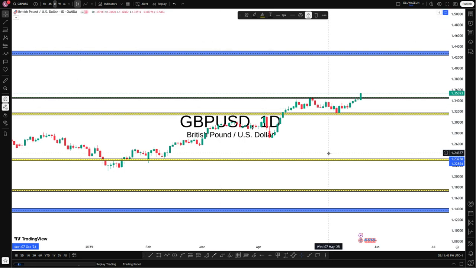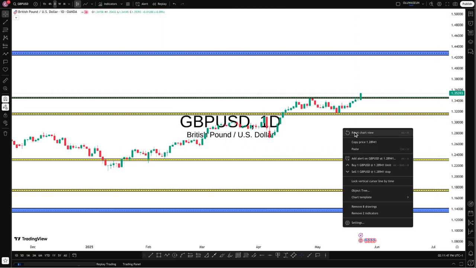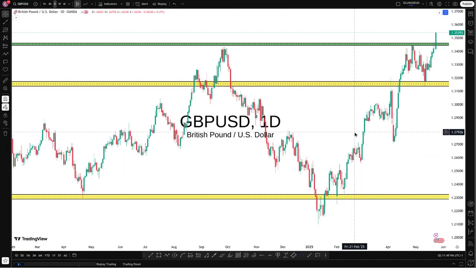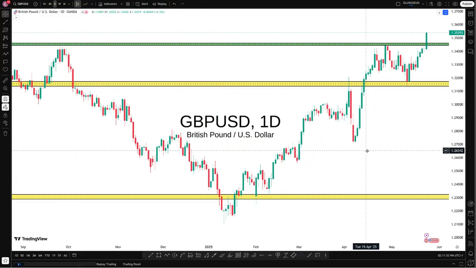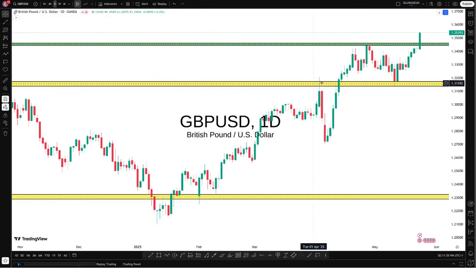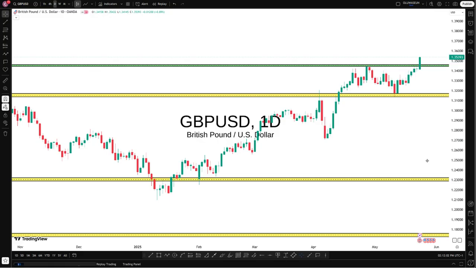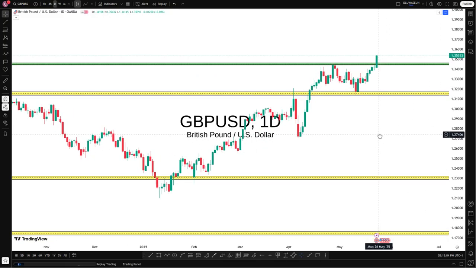Okay, so let's go into daily and see what daily has for us. Daily is making sense though. Now this is the last zone: rejected, breakout, formed a new higher low, and we are breaking out. So we break out of this zone, and this signifies that we are possibly continuing the trend.